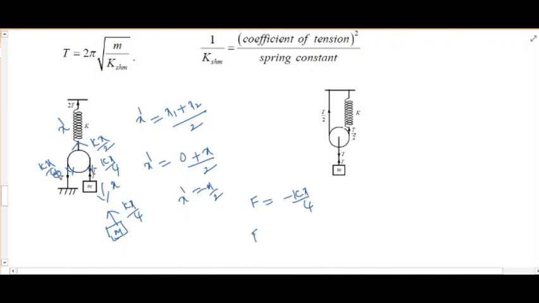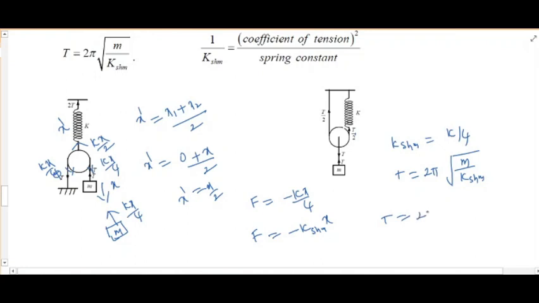If you compare this, F is equal to minus K SHM into x. When you compare these two, K SHM is nothing but K by 4. Then time period is equal to 2 pi into square root of m by K SHM.